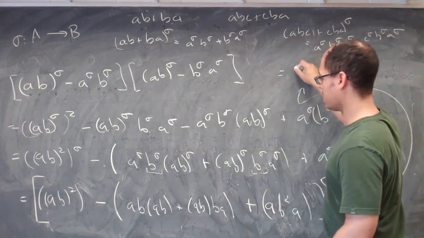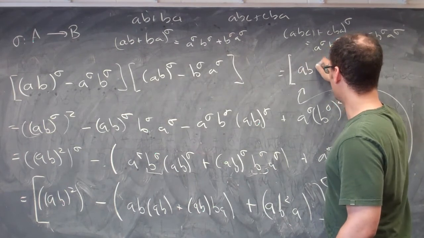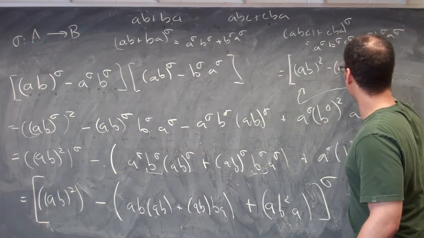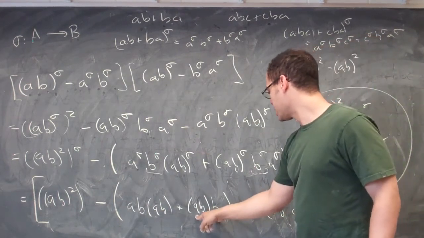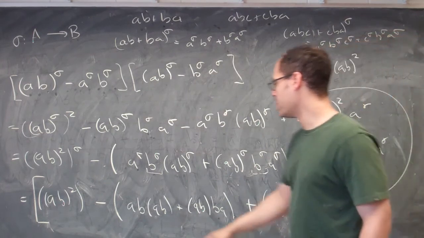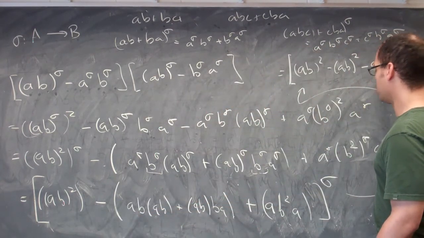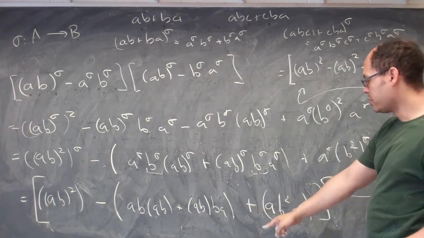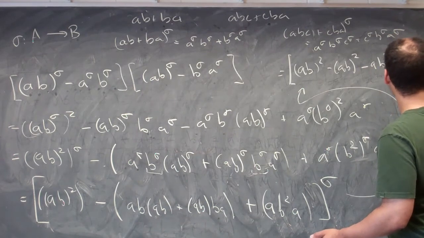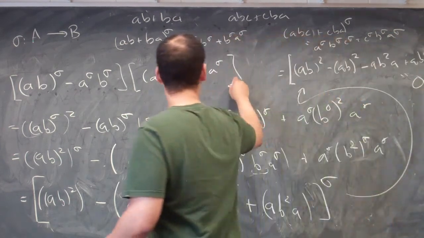It's sigma on the outside, but on the inside is this, AB squared. This is a minus AB squared. I get a plus ABBA. Oh, but it's really a minus that. Minus AB squared A. Inside we're in an associative algebra, right? And now plus AB squared A. Sigma on everything is 0. So this thing is equal to 0.